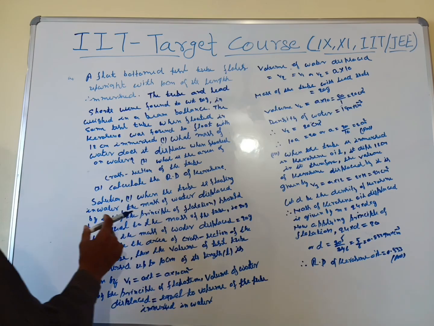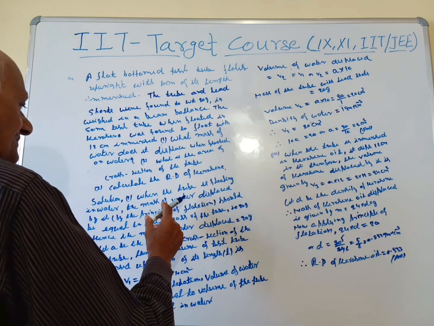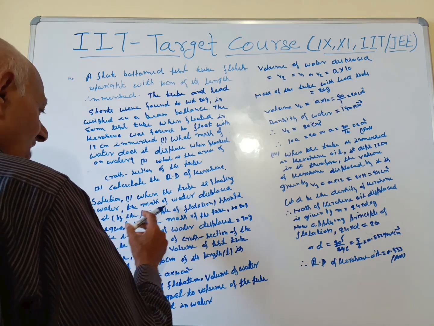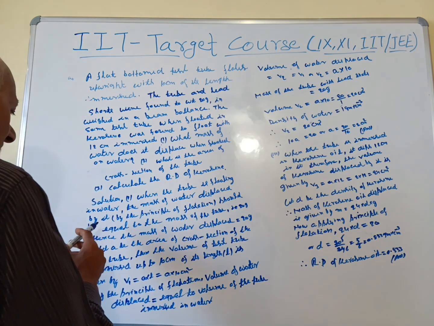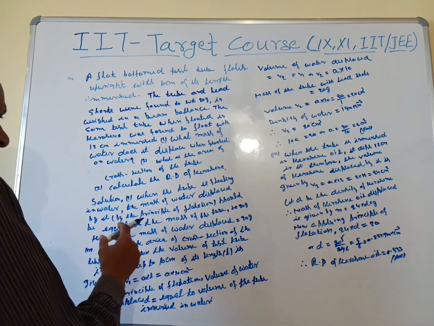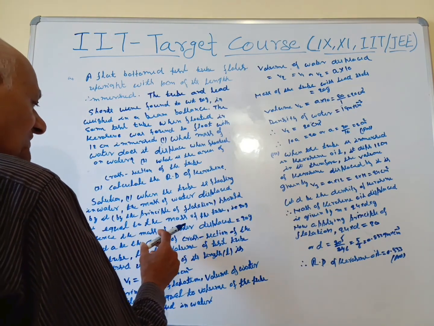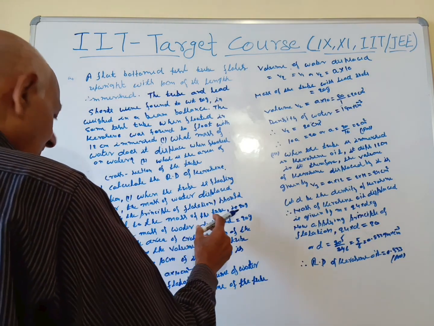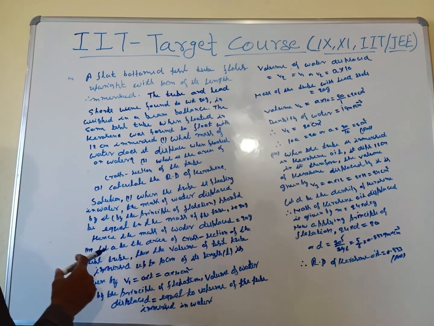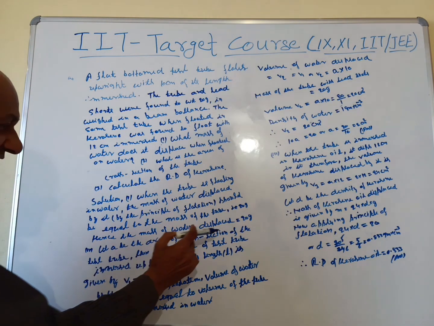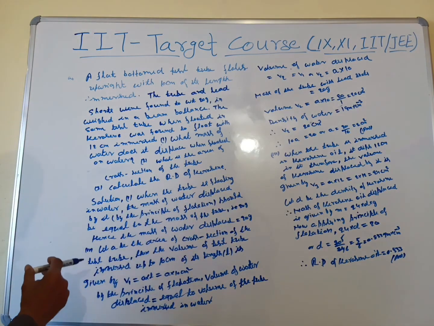First, when the test tube is floating in water, the mass of water displaced by the principle of flotation should be equal to the mass of the test tube, that is 20 gram. Hence, the mass of water displaced equals 20 gram.